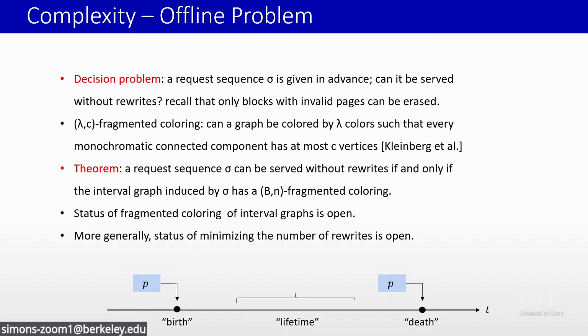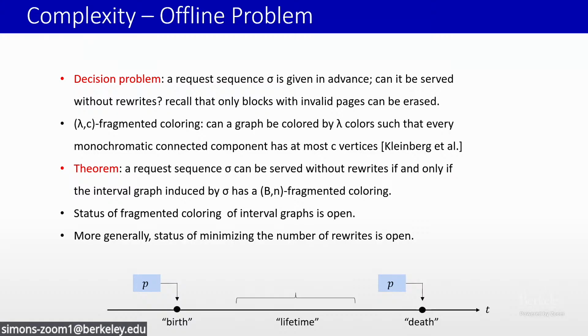The general problem is the following: I want to color the nodes of a graph with lambda colors so that the size of every monochromatic connected component is at most C. It turns out we can show that deciding whether a request sequence can be served with no rewrites at all is equivalent to finding a fragmented coloring of the interval graph induced by the request sequence, with the parameters B, the number of blocks, and N, the number of slots in a block.